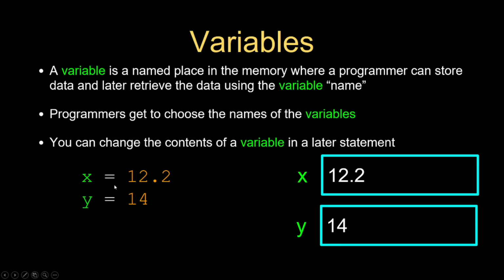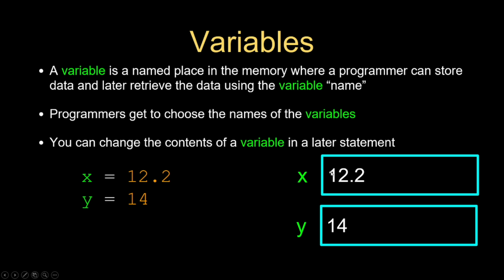So this equal sign is used as an assignment operator. So whatever is on the right side of the equal sign, whatever the resulting value, be it a constant or an expression, it will ultimately be stored in our variable x.